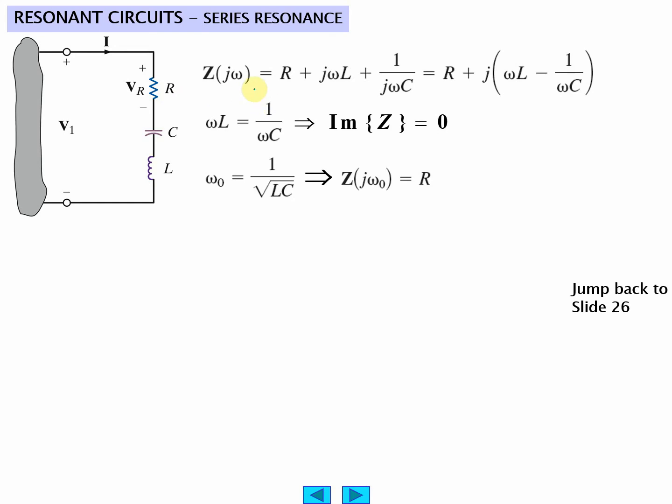So we can write Z like so, and we have an imaginary part of Z and the real part of Z. Omega naught is going to be root 1 over LC when it makes this term equal 0. The imaginary part equals 0. That's resonance. Right here is resonance.